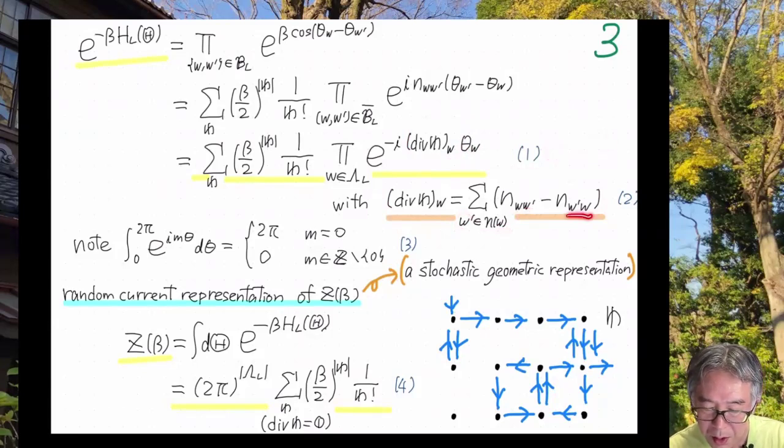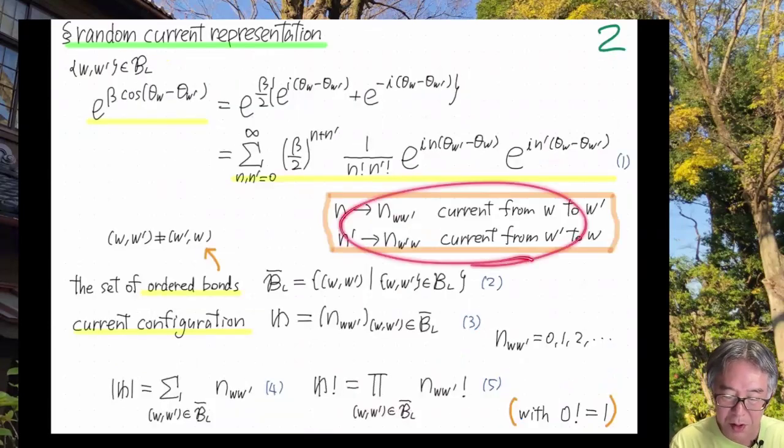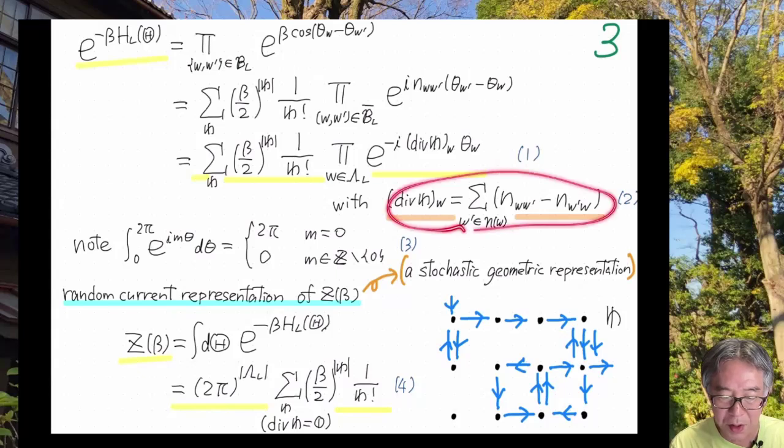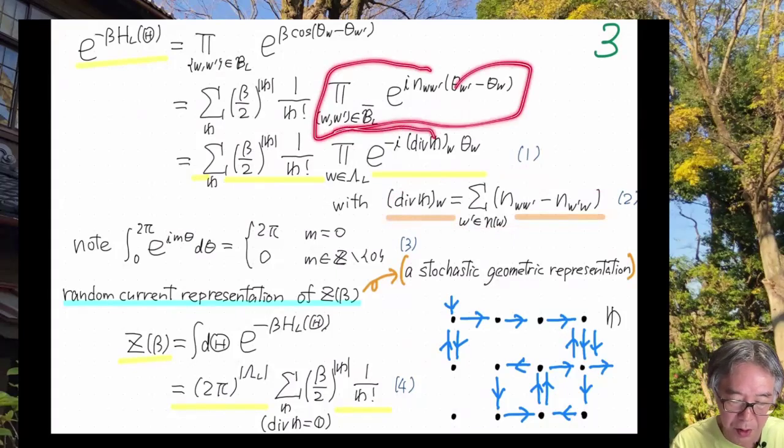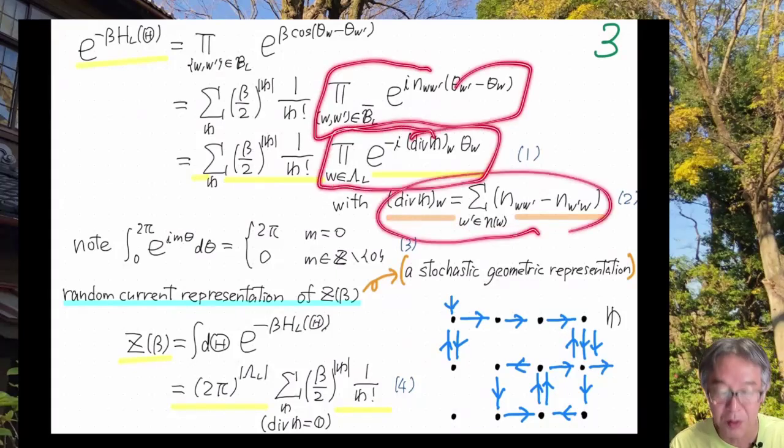And this is the current coming in from W prime to W, which I count with a minus sign. So this is precisely the divergence. If you regard this as current, then this is precisely the divergence. And if you sit down and think carefully, you find that it is reorganized like this precisely by using this divergence.